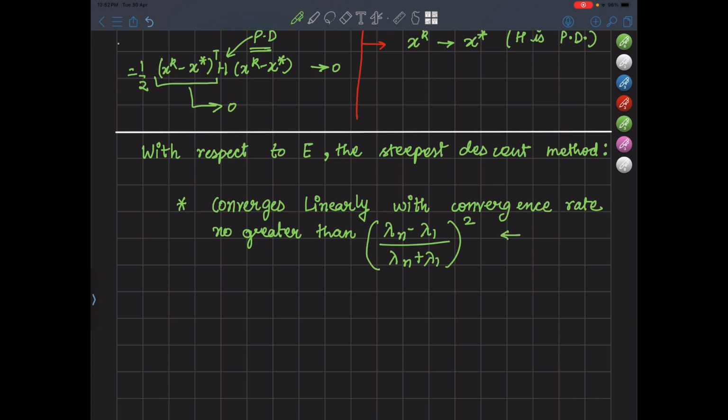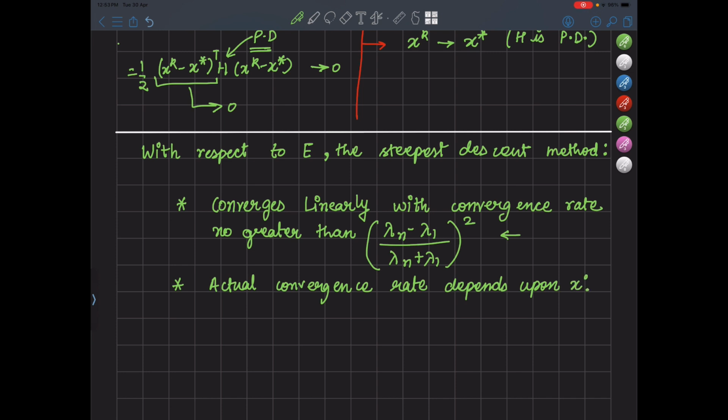So the convergence rate will depend upon the eigenvalues of the H matrix, or the Hessian of the quadratic function. It will depend upon that. Also, the actual convergence rate depends upon x naught.